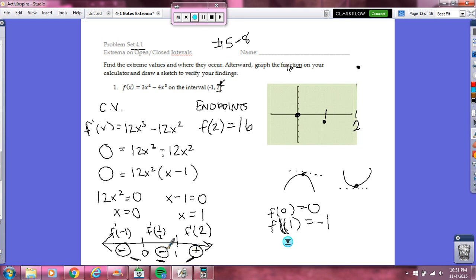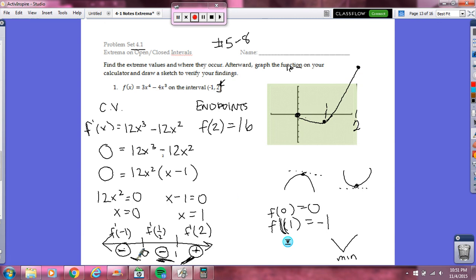My function had a negative derivative, so it was going down, and then it switched to a positive derivative, so I was going up. So when you switch from going down to going up, you get a minimum. So right here at 1, I will have a min. I was going down, and then I end up going up.